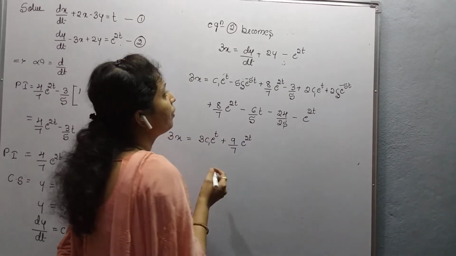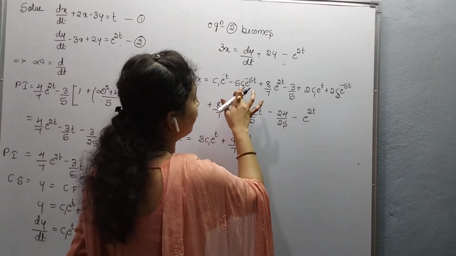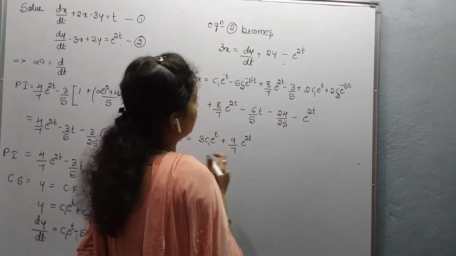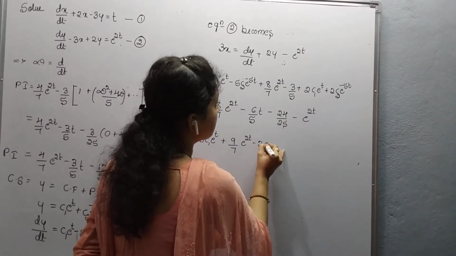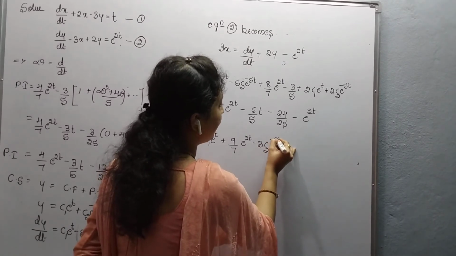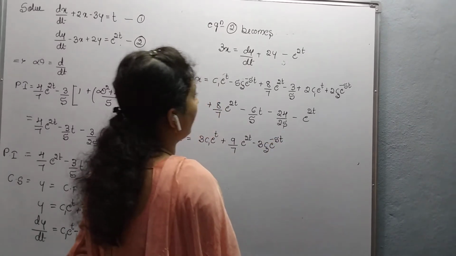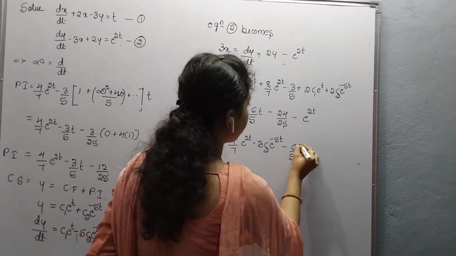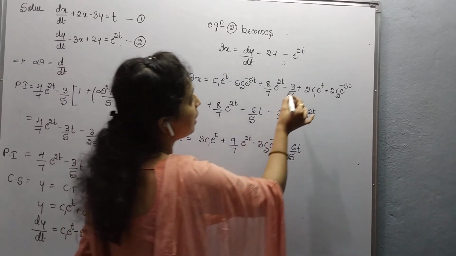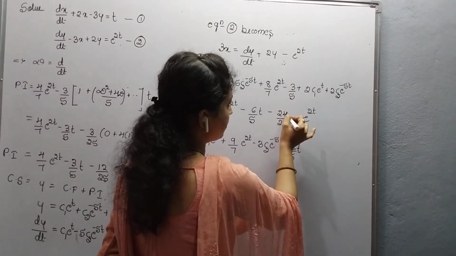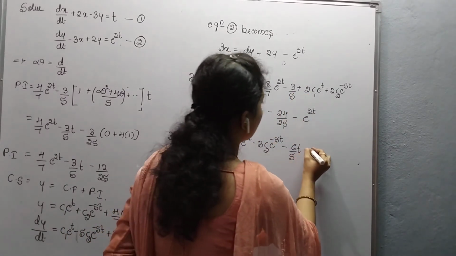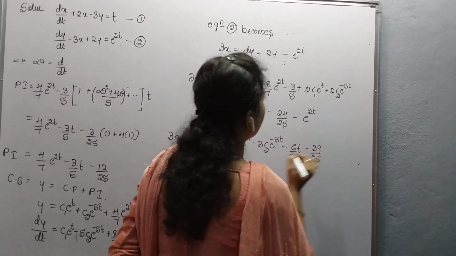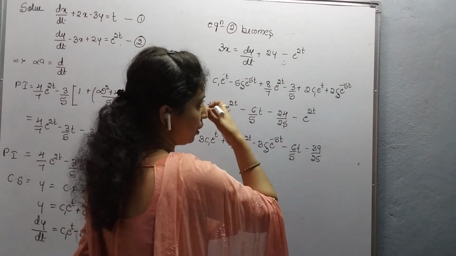Then next e to the power minus 5t. So here it is minus 5 into c2 and here it is plus 2c2. So it becomes minus 3c2 e raised to minus 5t. And the t terms are minus 6 divided by 5 into t, and the constant terms are minus 3 divided by 5, and here it is minus 24 divided by 25. Here the LCM is 25.